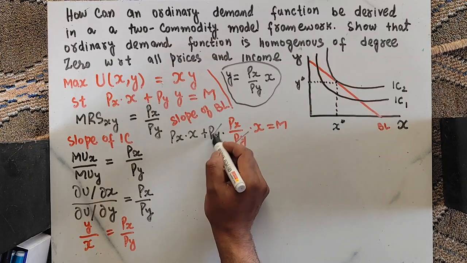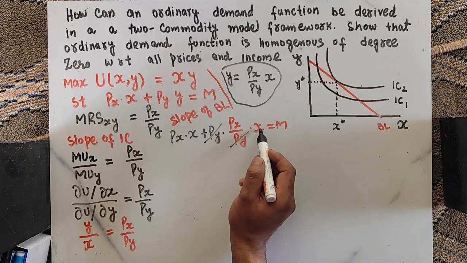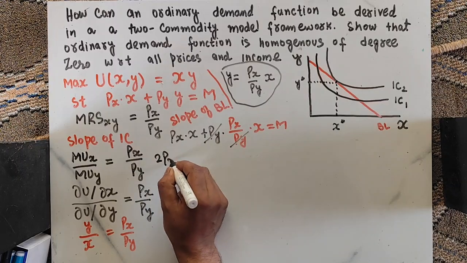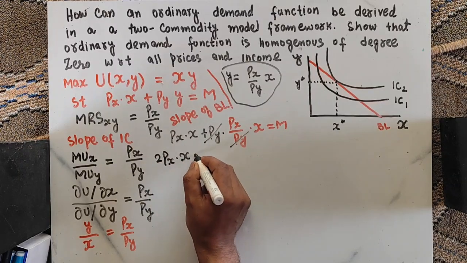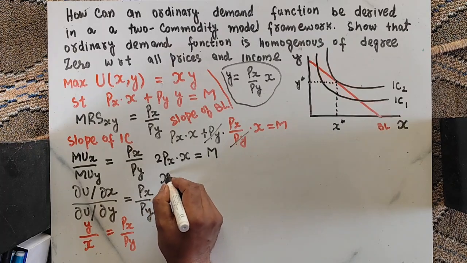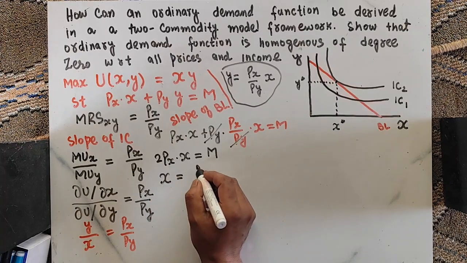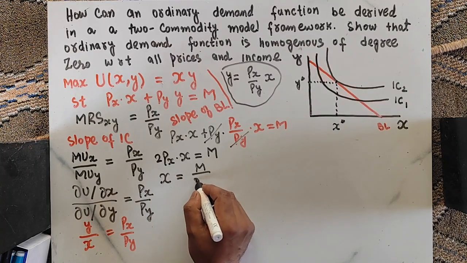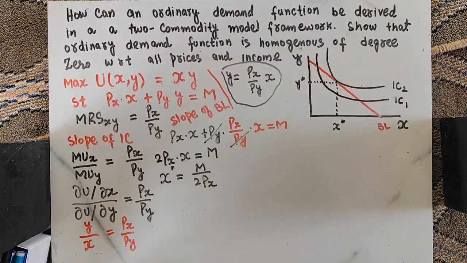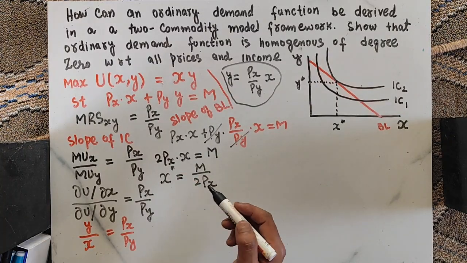Here price of y and price of y get cancelled, so we have px into x, plus px into x, so this is twice px into x is equal to income. Dividing both sides by 2px, that means x is equal to m upon 2px. This denotes the ordinary demand function for good x.